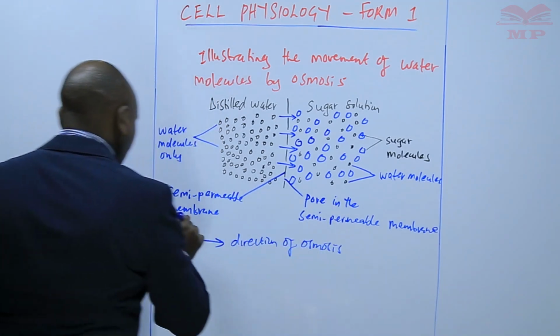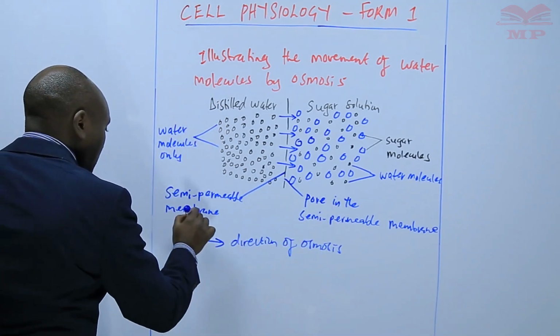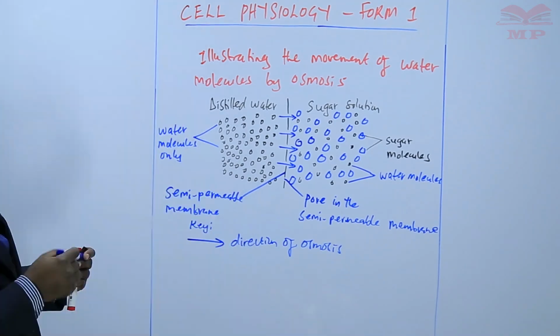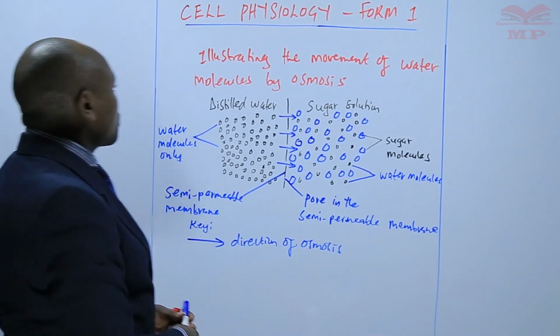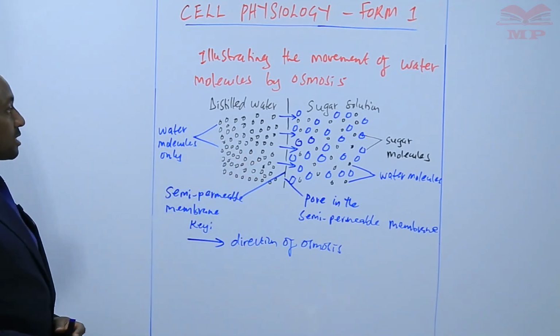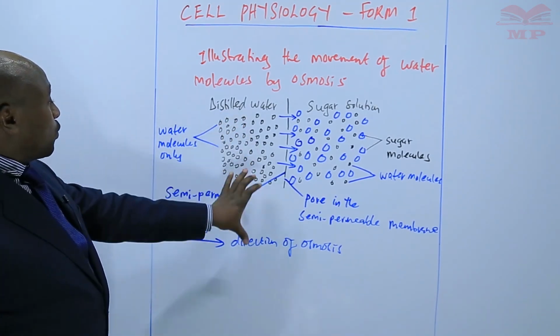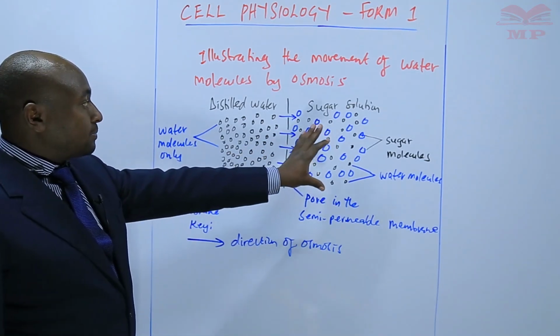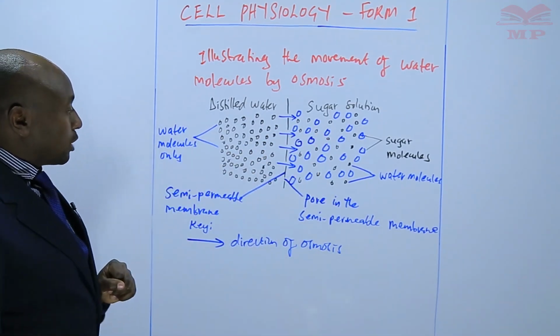So that's the key. So basically, we could use this to illustrate that osmosis takes place from where there is high concentration of water molecules to where there is a low concentration of water molecules.